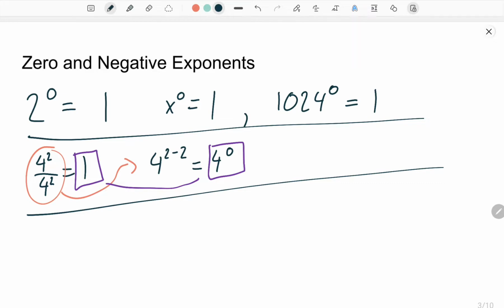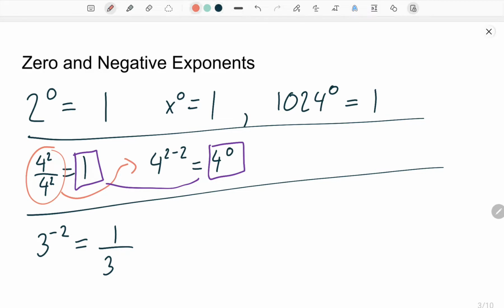What about negative exponents? A negative exponent is like division. So what do I mean? Let's take a look. If you have 3 to the negative 2, what we do if we have a negative exponent is we turn this 3 into a fraction, or 1 divided by 3. So that's why I said it's like division.